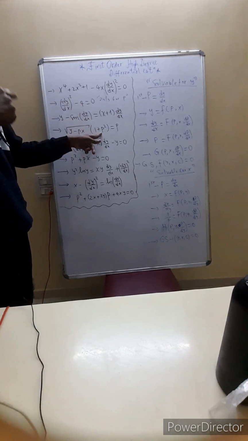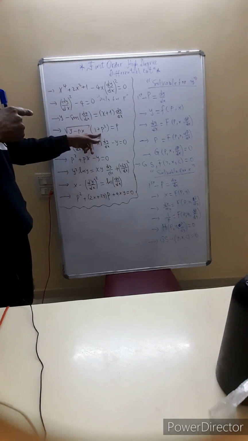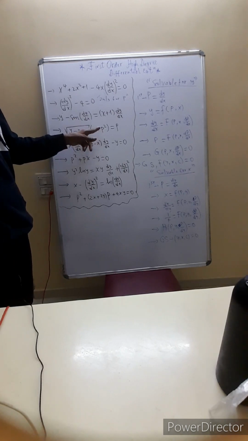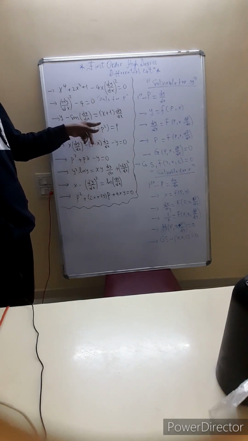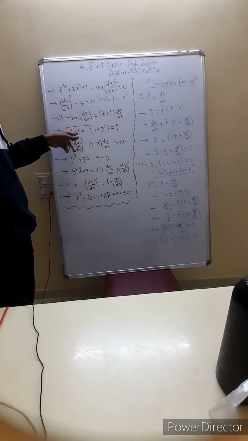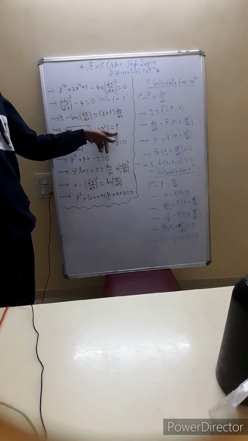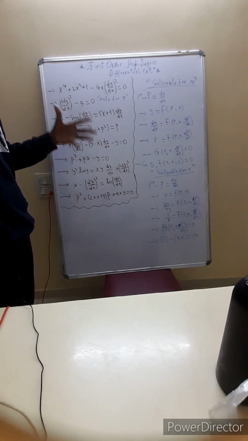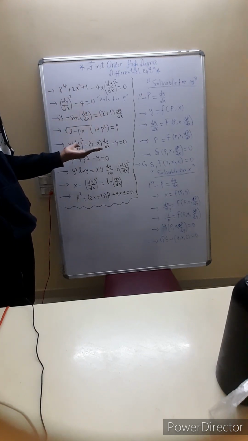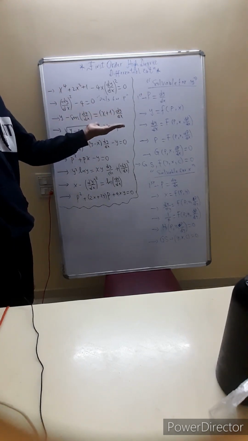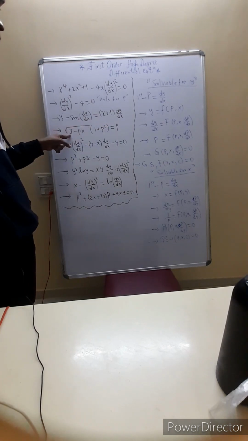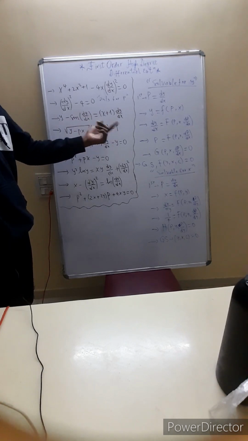This will be a polynomial with degree 4, and when we multiply, you will get degree 5. So it will be a very long and complicated polynomial for you to solve with respect to p. So go for y linear and x linear. It will be easy for you to solve this one.